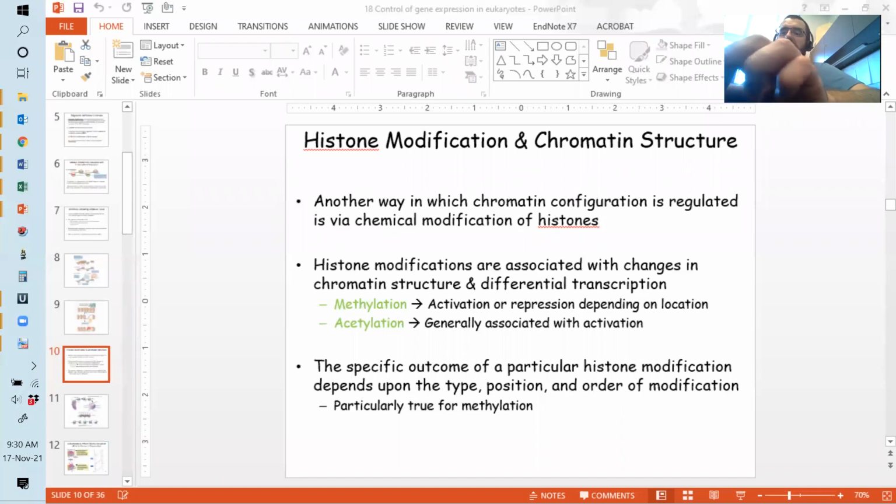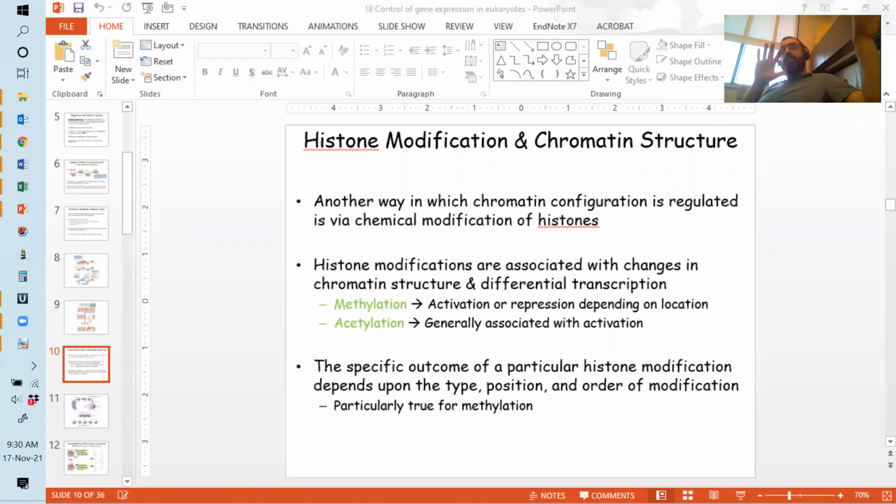And so typically, that equals repression of transcription. Not always, because it's very context dependent, but typically, right?